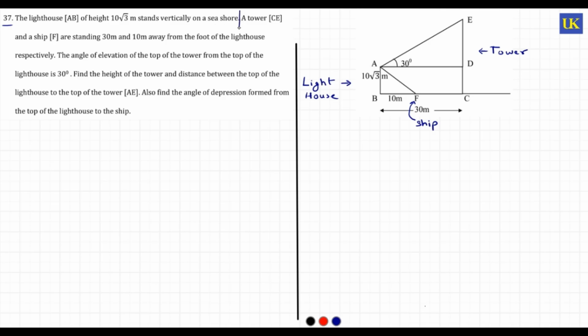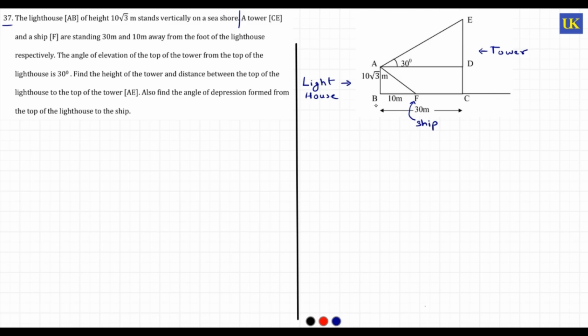Then there is a tower, another different structure. Tower is CE, and AB is lighthouse. A tower CE and a ship are standing 30 meter and 10 meter away.